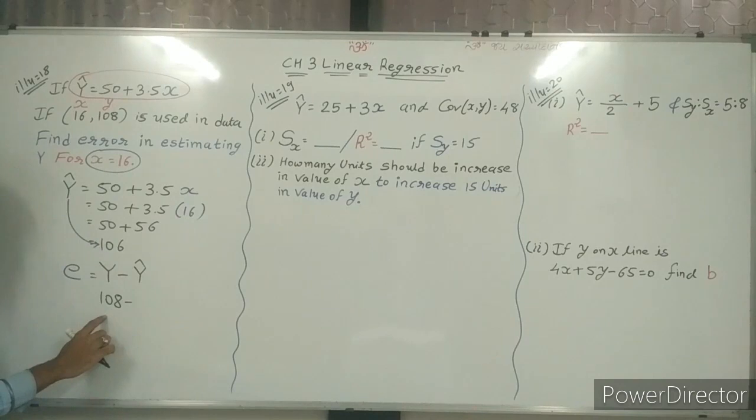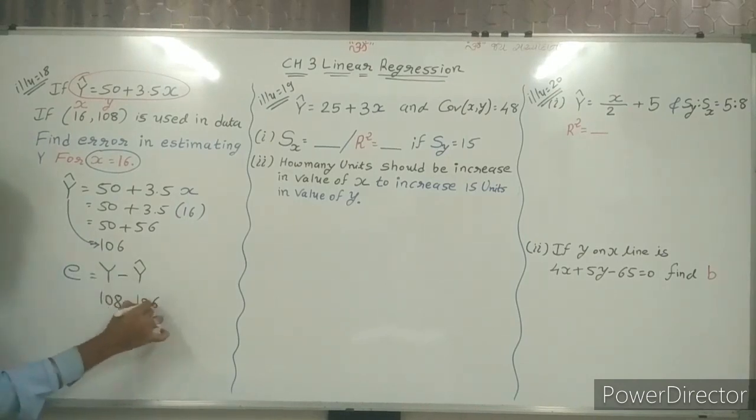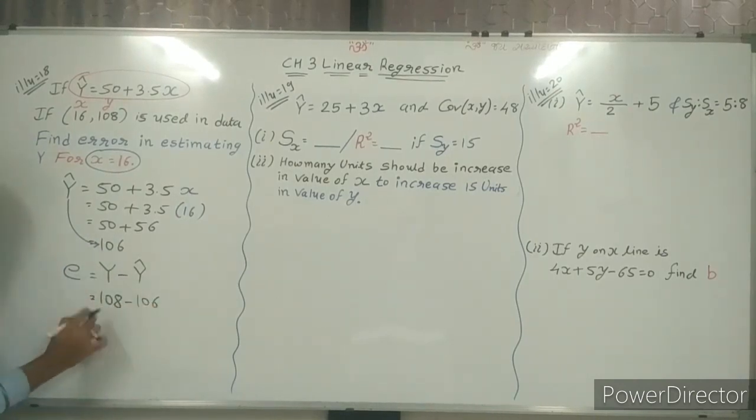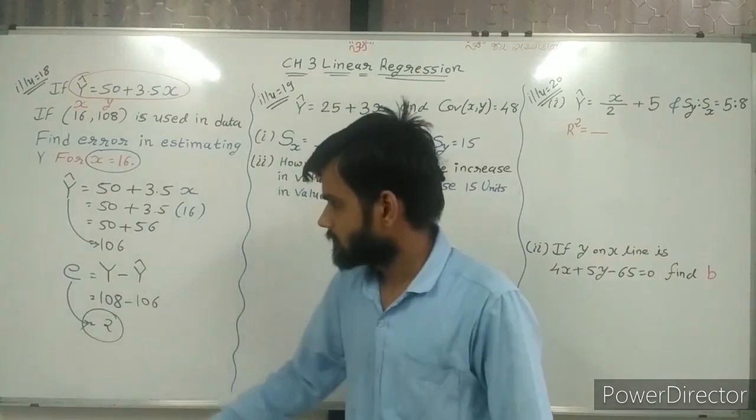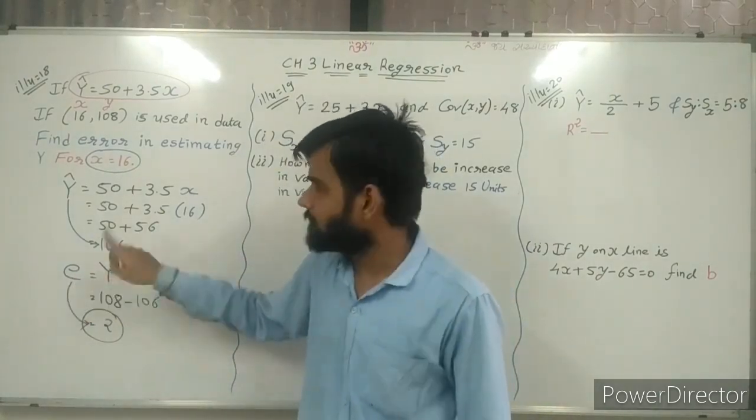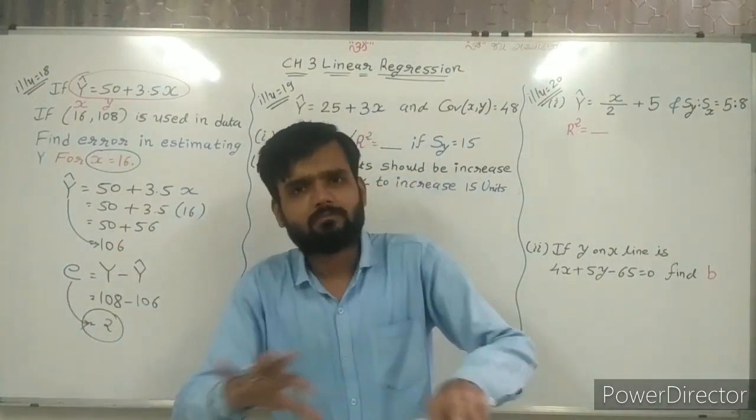So actual value 108, my estimation was 106. The difference of these two is 2 and is called error. So this is my value of error. Error is 2. Sum is completed. Simple. So illustration number 18, 100% clear. Whenever in your question error is asked, then find y minus y cap.